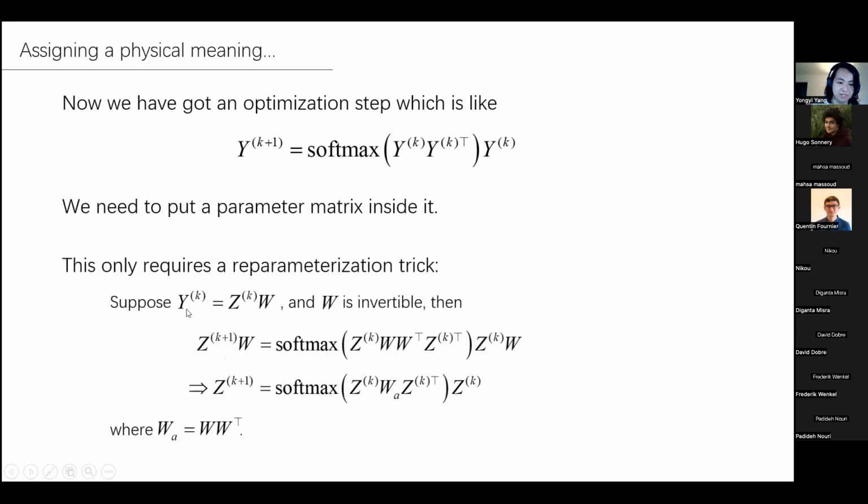If we reparameterize y to be z times w, where w is invertible, then we can show that the optimization can be a softmax with a parameter matrix inside. In this way, we derived a way to explain self-attention from the optimization unfolding perspective.